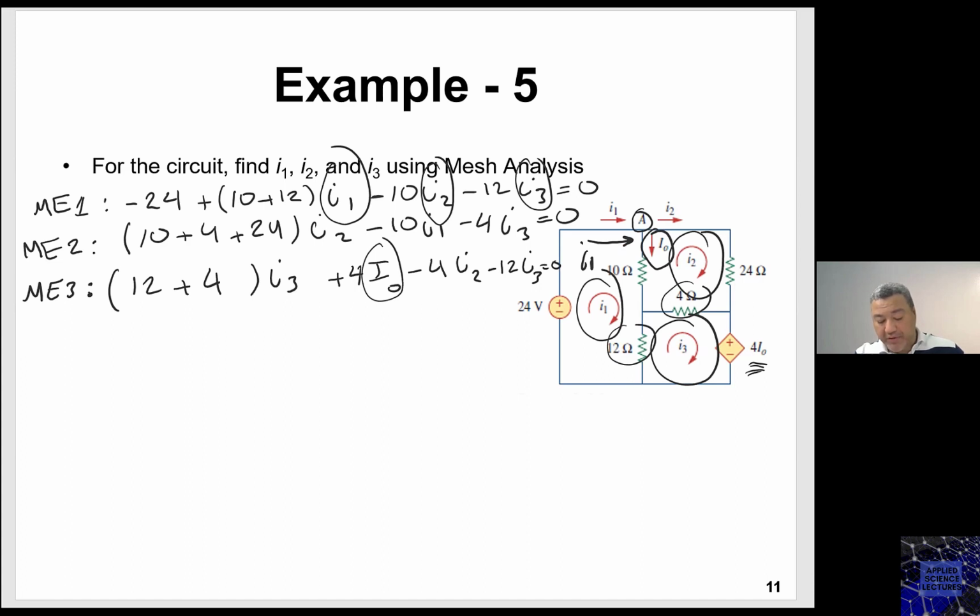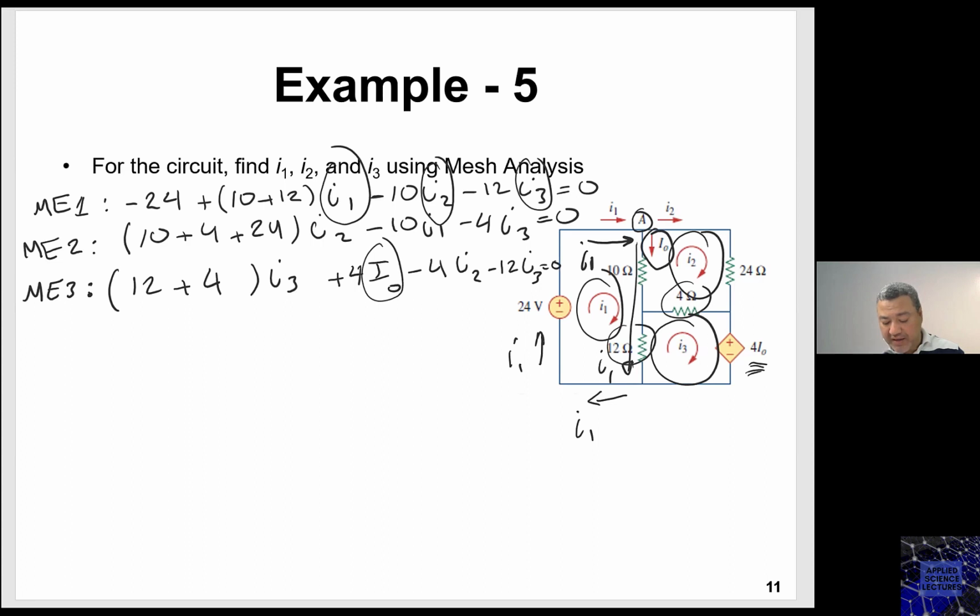Those are not capitals. Only I naught here is the capital. So this I1 is exactly this I1. I1 goes in both of those resistors, and I have I2 going in the opposite direction. But anyway, this is small I1 and this is small I2.